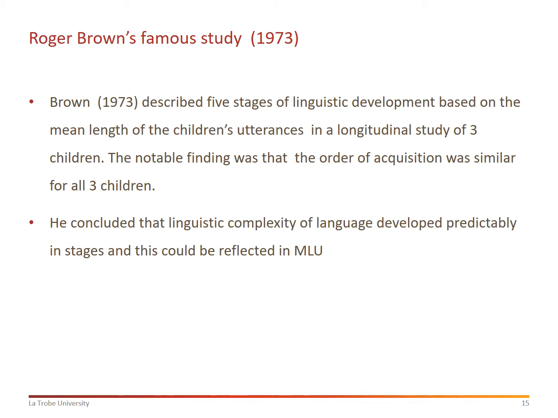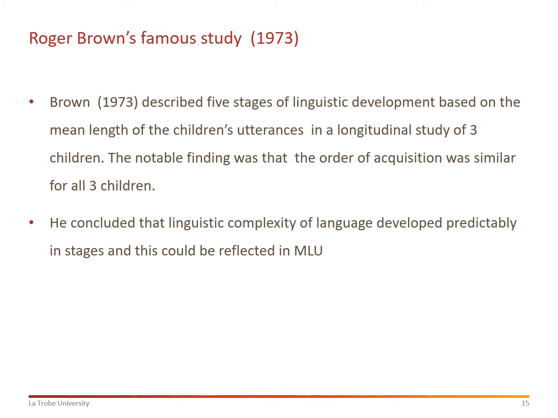The essential finding from his study was that the order of acquisition of morphemes was similar for all 3 children. So from that, he concluded that linguistic complexity of language developed in a predictable set of stages, and it could be reflected in MLU and looking at stages of language development.